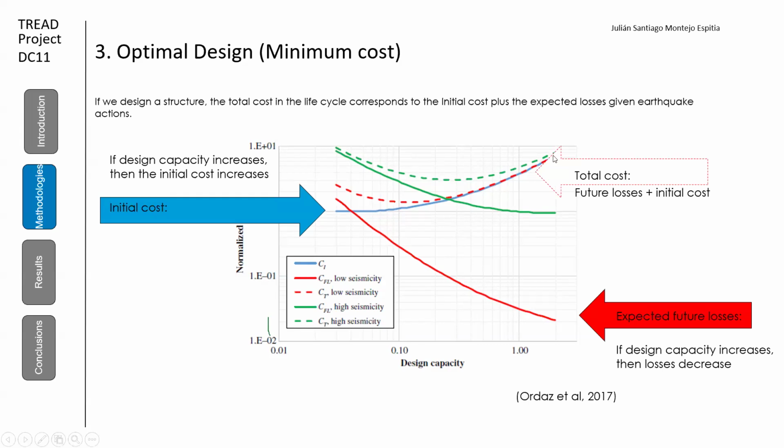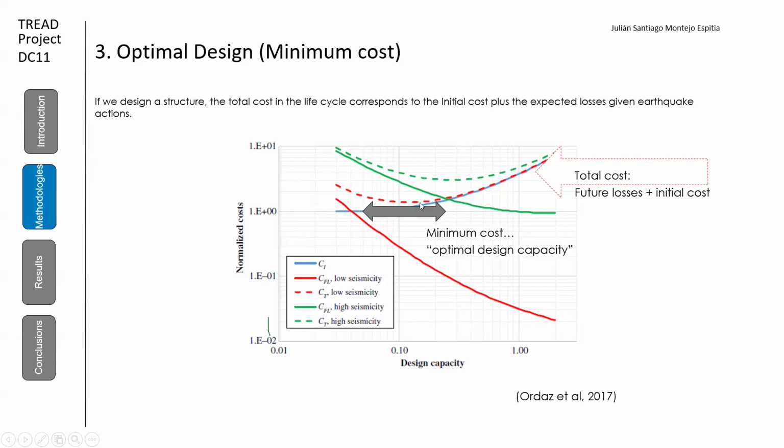And we will have the dashed line in both cases, in high seismicity area and in low seismicity area. We will have the total cost. So it's the initial cost, the blue one, plus the continuous line, which corresponds to the expected future losses. And as you can see, this function has a minimum value. And this minimum value represents more or less the design capacity which corresponds to the minimum cost.